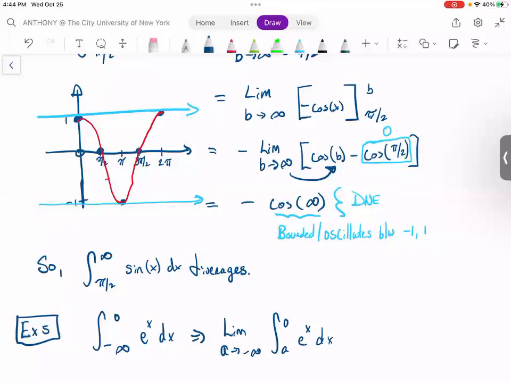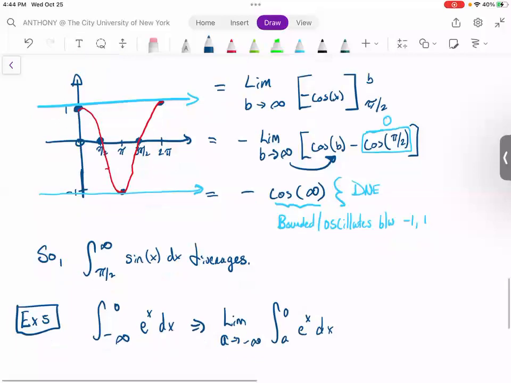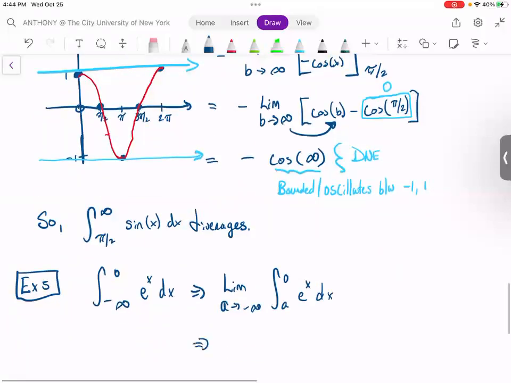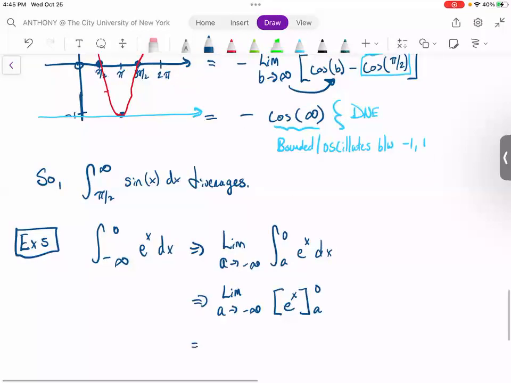What is the antiderivative of e to the x? That's right, you're going to get e to the x. Oh sorry, I need my limit statement. You're going to get the limit as a approaches -infinity of e to the x from a to 0. So this is e to the a minus e to the 0.